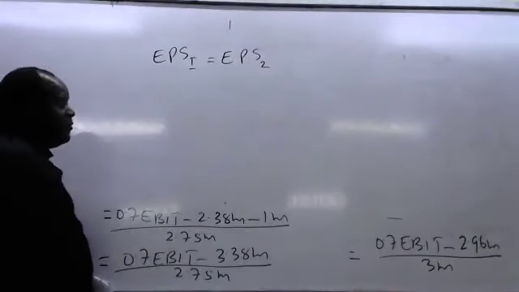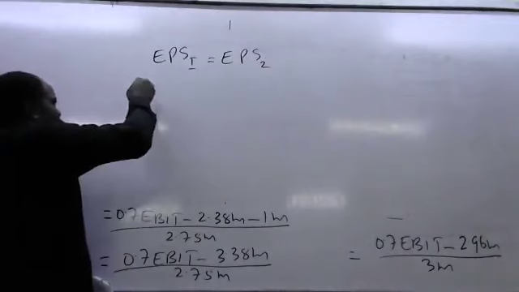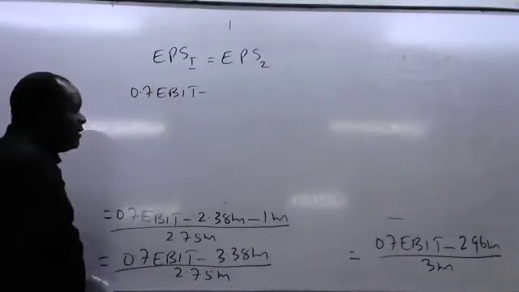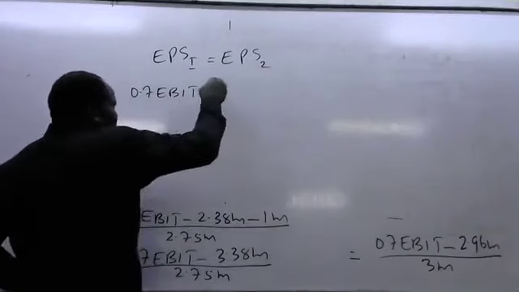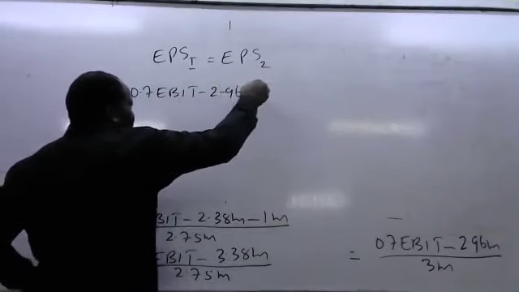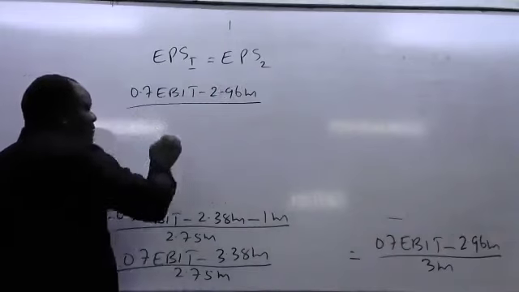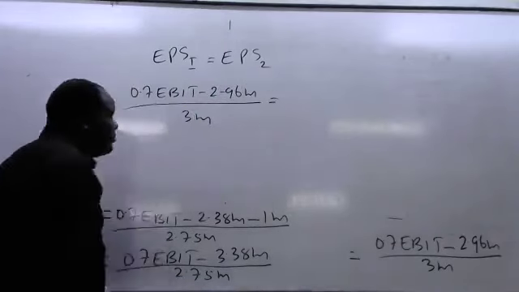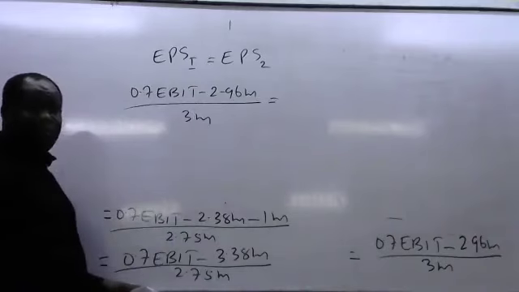So for option 1, it is 0.7 earnings before interest and tax, minus 2.96, divided by 3 millions, should be equal to the one for option 2.